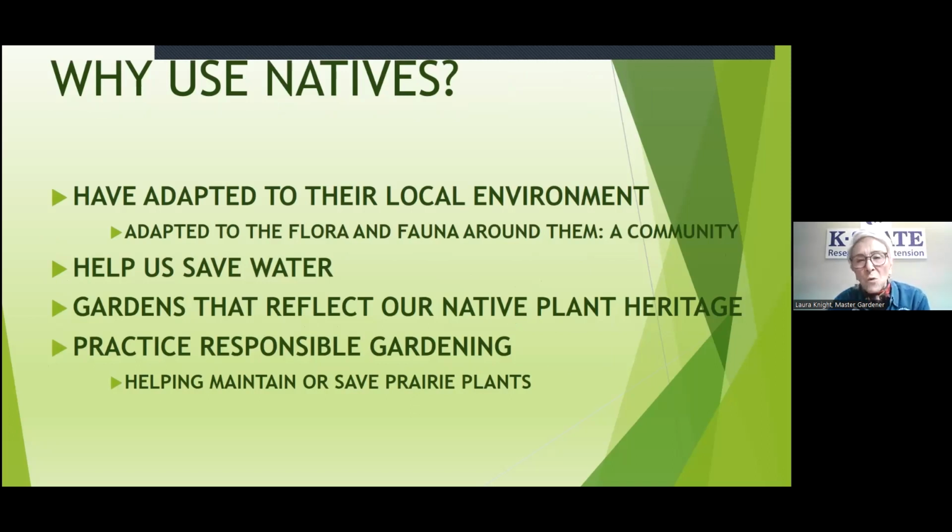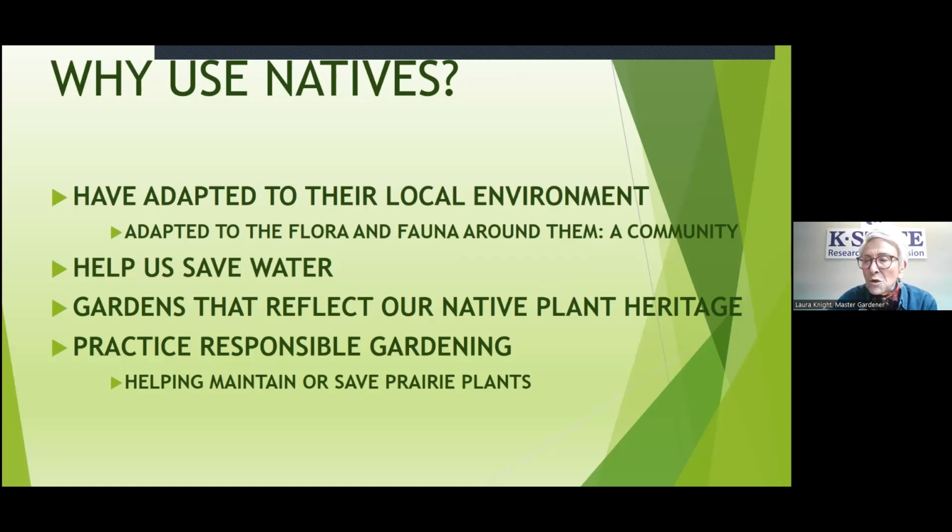The question is, why do we use natives? I think that the main reason is because we ourselves have changed in the last 50 years or so. We are proud of where we live or of the heritage of our place. We like to save water, and we like to use plants that have adapted to the local environment, which means that they have adapted to the flora and the fauna around them.